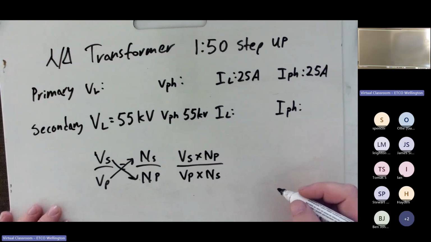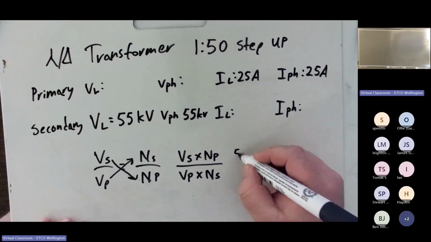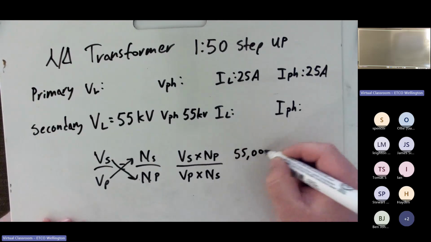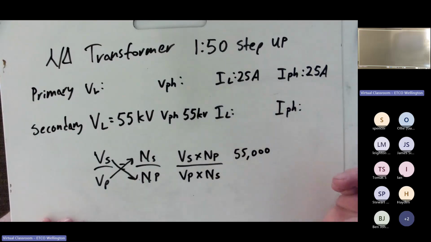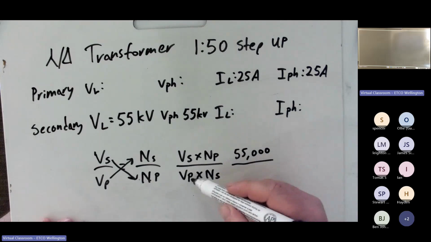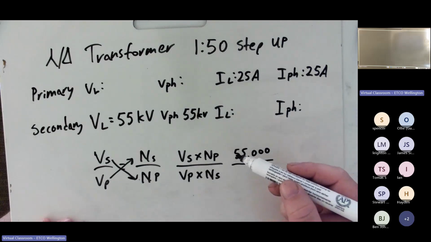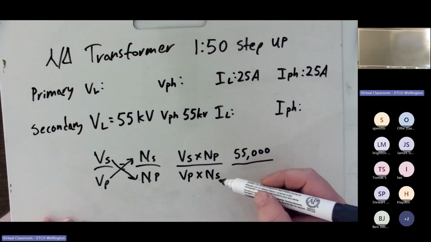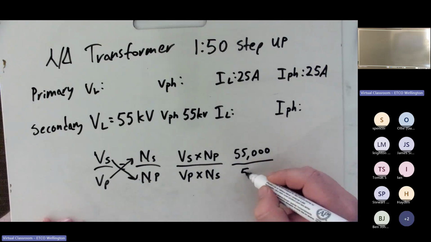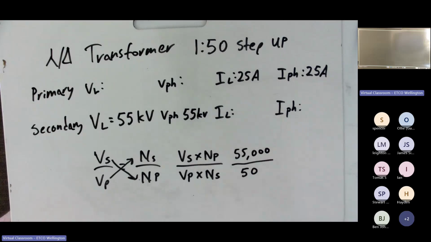So the voltage secondary, we know that is 55,000 times the number of primary, 1, so we can ignore it, over voltage primary. We don't know, we're trying to figure that out. So we divide it by the number of turns in the secondary, which is 50. So we divide 55,000 by 50.